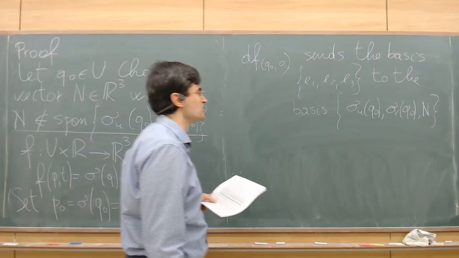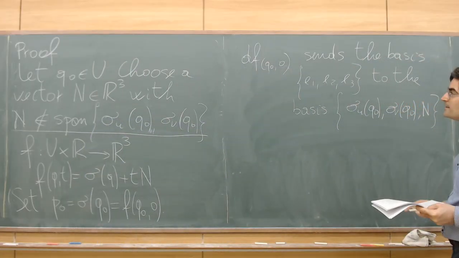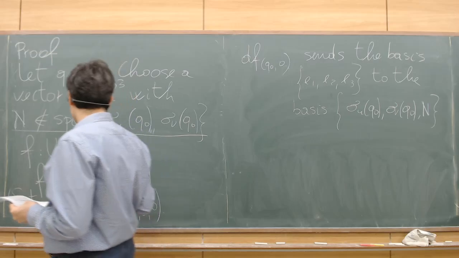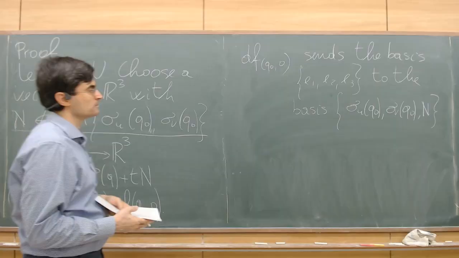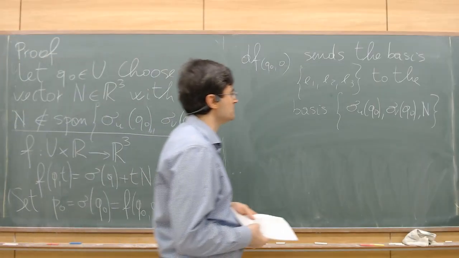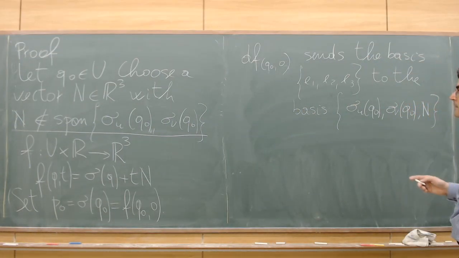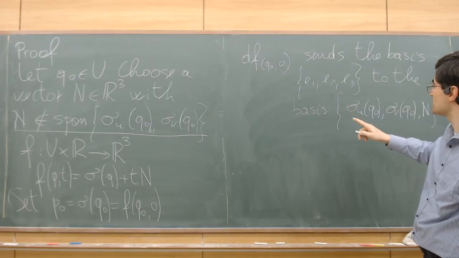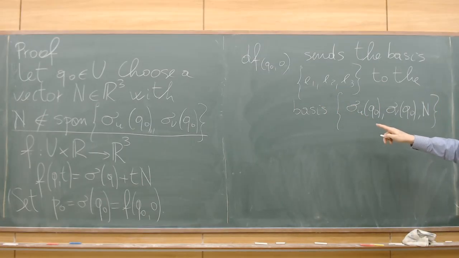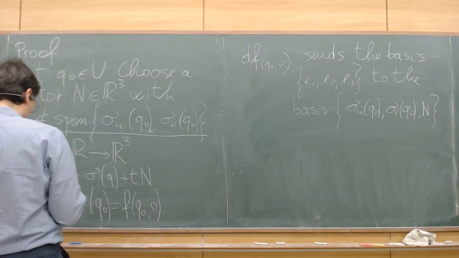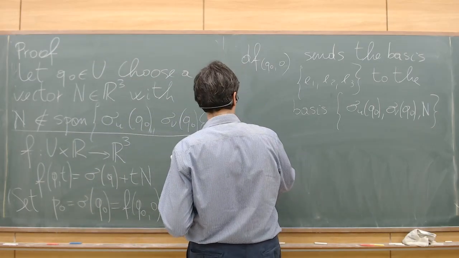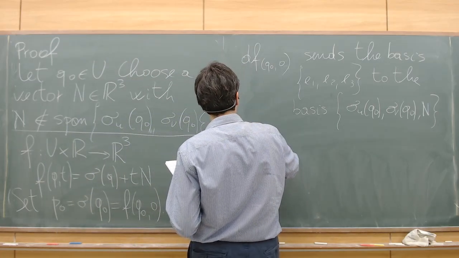You can check that this is true writing down the matrix which represents dF at Q0, 0, and you will see that it's a matrix whose columns are given by the vectors sigma u Q0, sigma v Q0, n. So this matrix is clearly invertible.